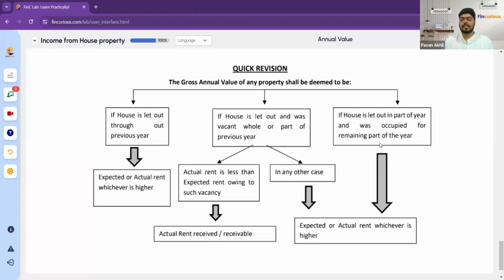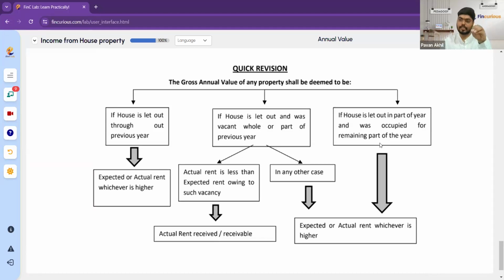Let us do a quick recap of all the things we have learned now. How has the gross annual value of the property to be calculated? If the house is let out throughout the previous year, then expected rent or actual rent, whichever is higher.